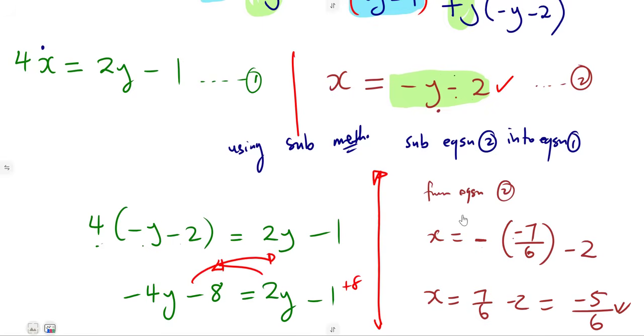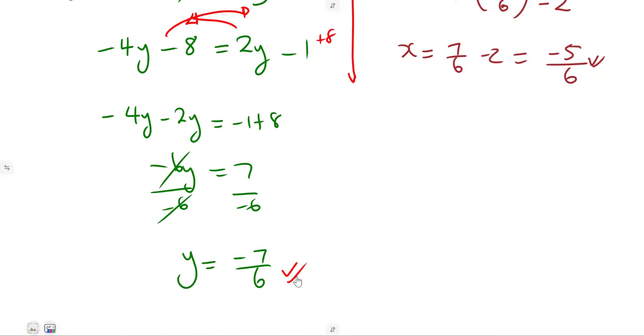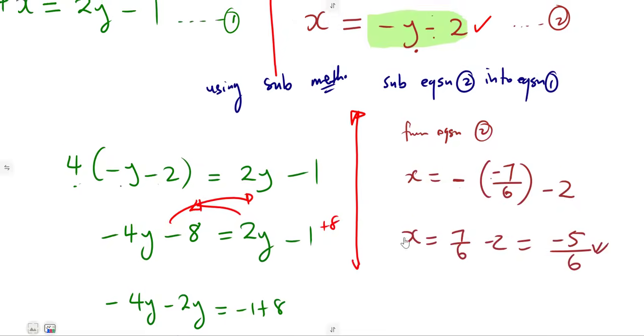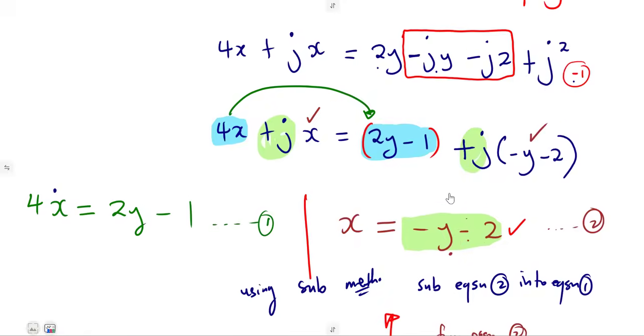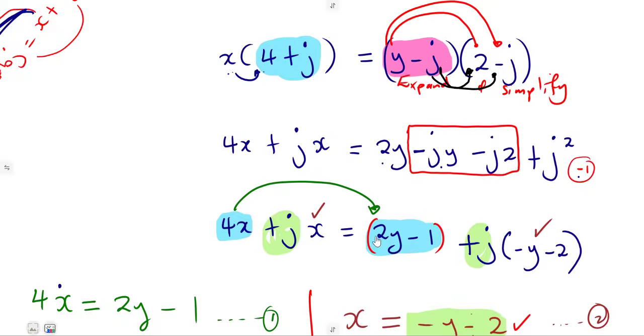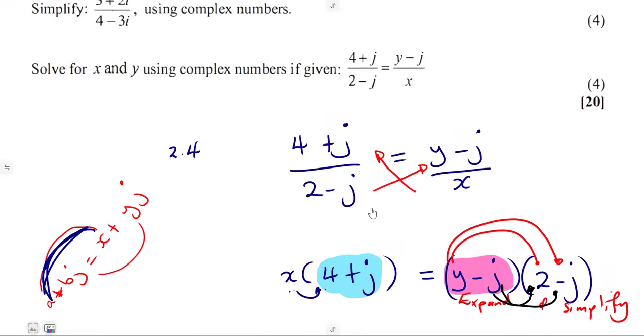So we've got the x value. We also have the y value. So that is to solve complex numbers. You must have two complex numbers in rectangular form, one on the left and the other one on the right, as we had these two in rectangular form. Then we can equate the real terms together, the imaginary terms together.